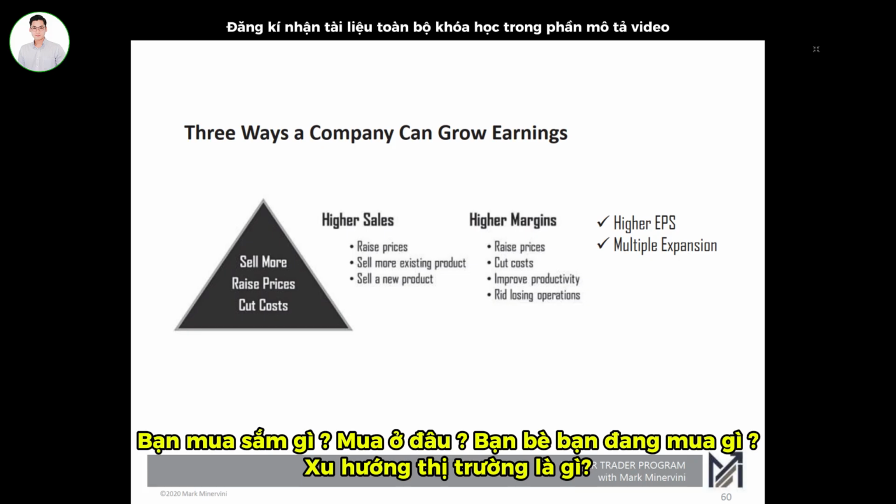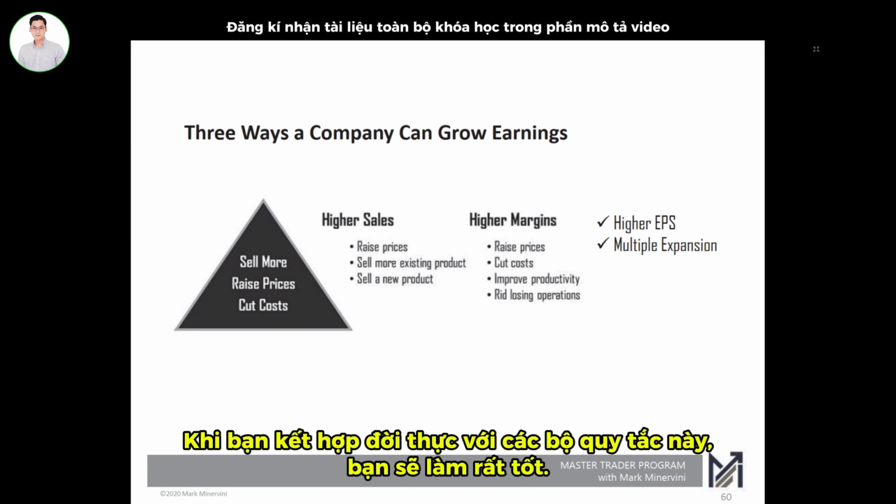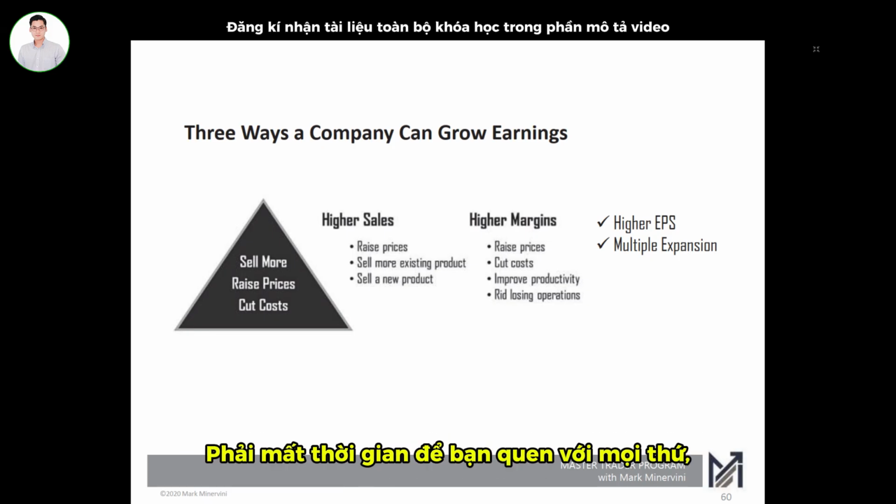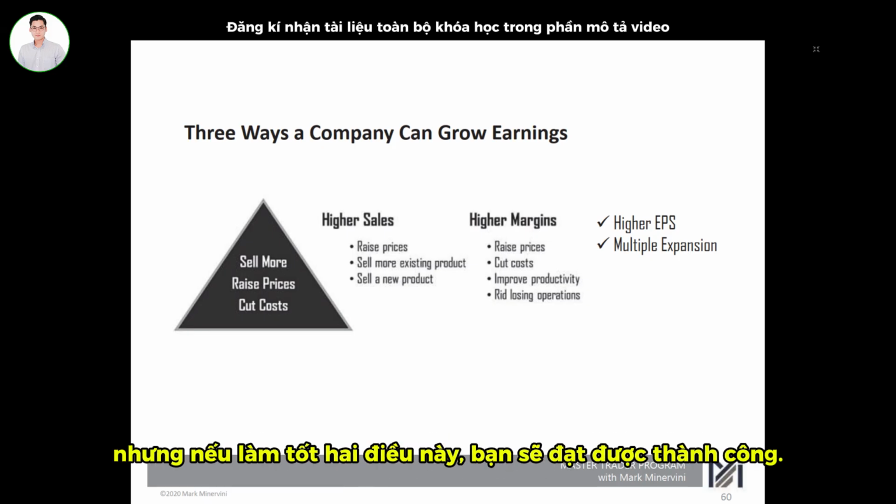Where are you shopping? What products are you buying? What are your friends buying? What are the trends in the marketplace? And you just combine your life with these sets of rules, and you should do really pretty well in the marketplace. It takes a while to get up to speed with all this, but combining those two things, you'll have some good success.